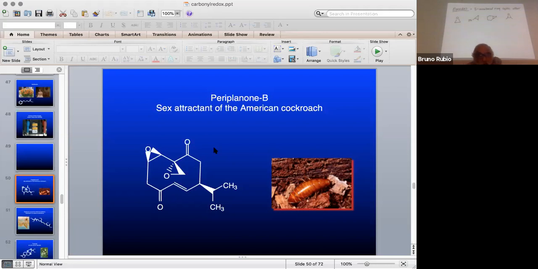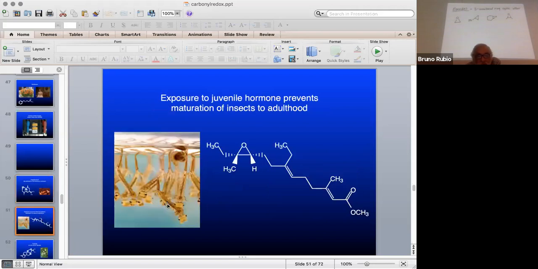Okay. So let's look at another epoxide in nature. This is the juvenile hormone of the mosquito. This is the molecule that keeps a mosquito an aquatic animal. When the production of this compound in the mosquito's body stops, the mosquito undergoes metamorphosis.